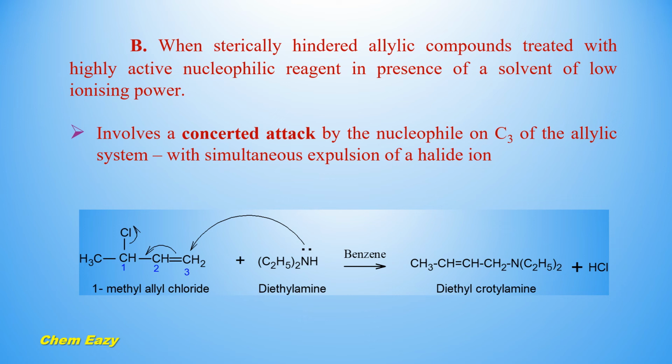For example, 1-methyl allyl chloride, which is a sterically hindered allylic compound, treated with diethylamine, which is a highly active nucleophilic reagent, in the presence of benzene, a low ionizing power solvent, undergoes allylic rearrangement by following the SN2 mechanism and gives diethyl crotylamine as a rearranged product.